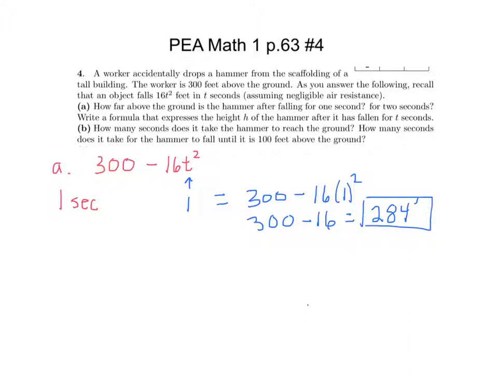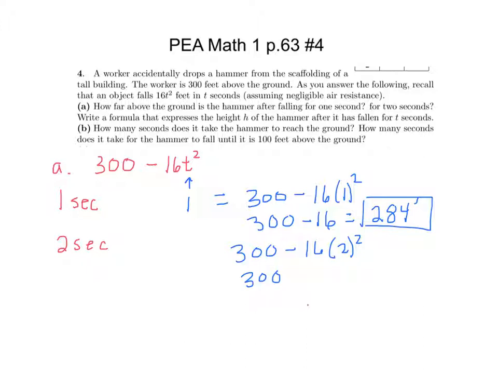Okay, now for 2 seconds, same idea. We can go 300 minus 16 times 2 squared. Now don't forget, you have to multiply the 2 squared first. So 2 squared has to come first.